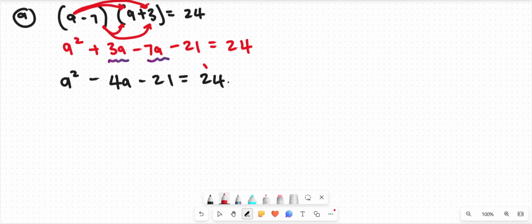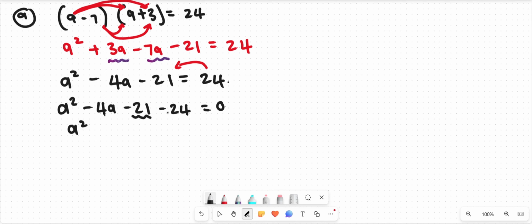Then what am I doing? I'm going to then therefore bring the 24 over. Remember, standard form, we want to see everything on one side of the equation. And so a squared minus 4a minus 21 minus 24 is equal to 0. Then those last two terms are like terms that would subtract each other and give me a negative 45.